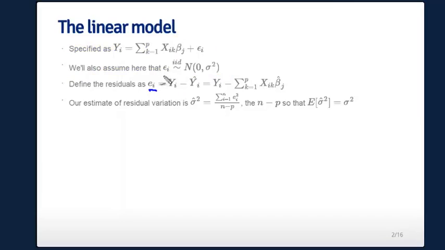Notice there's a difference between e_i and epsilon_i, right? Epsilon_i is the true error, and the e_i are the observed residuals, the difference between the observed data point and the fitted data point, where the fitted data point is merely our regressors multiplied times the fitted beta values. Our estimate of the residual variation is just the average squared residual, where instead of dividing by n, we divide by n minus p for unbiasedness.